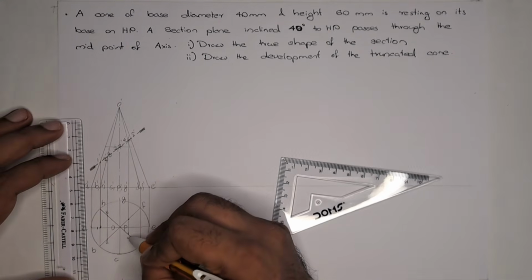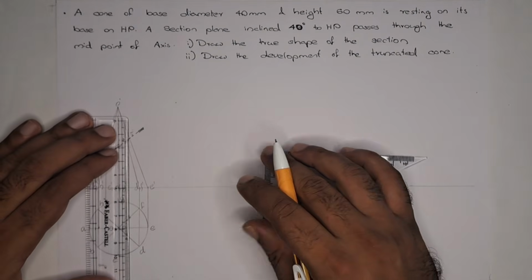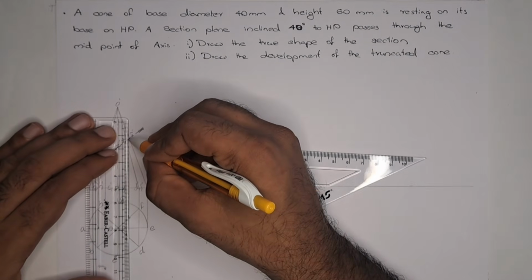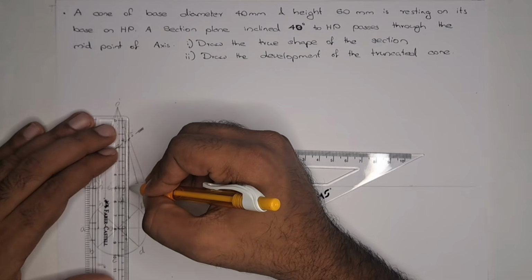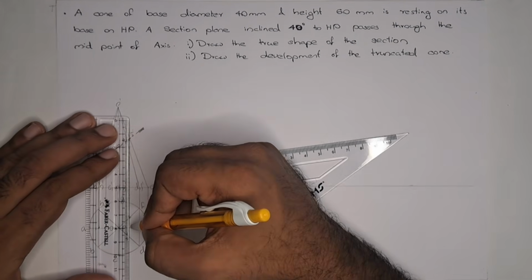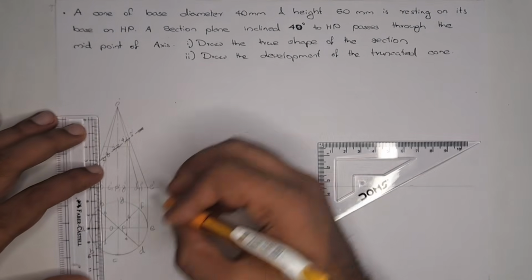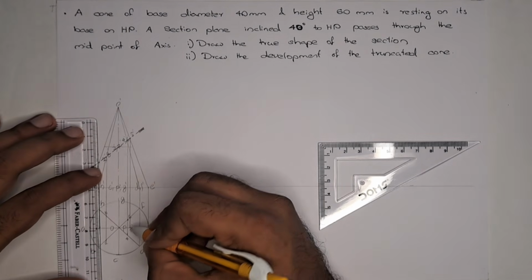So here it's 4, here it's 6. The last one, to OE. Here it's 5.